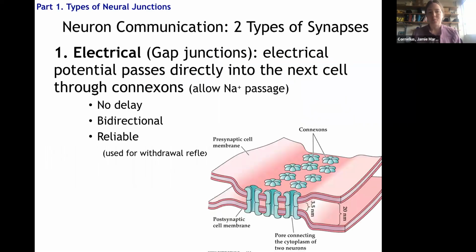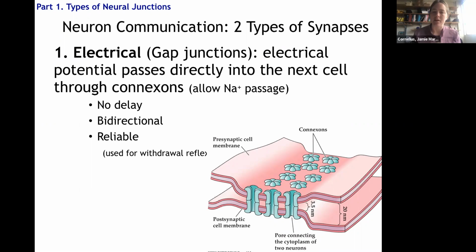So to start with, there's two basic types of synapses. You have electrical synapses, which are often called gap junctions, and this is where a channel or a pore essentially allows sodium to directly cross from one cell into another. So it's a connection between the two cell membranes, and this is a super reliable way for one neuron to always stimulate the next neuron.